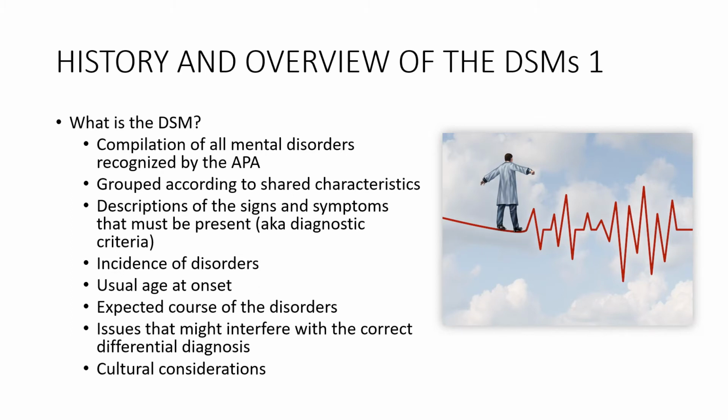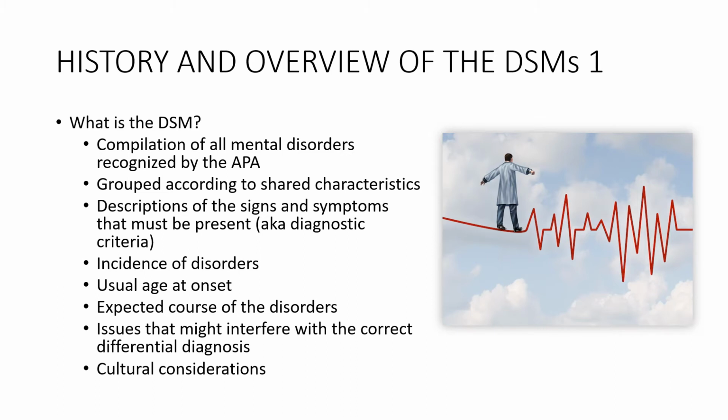Incidence of disorders, so that means like how often does it happen, how long does it happen for, and all that type of stuff. Usual age of onset, which is around what age did this person start to develop these, let's say, dysfunctional behaviors.